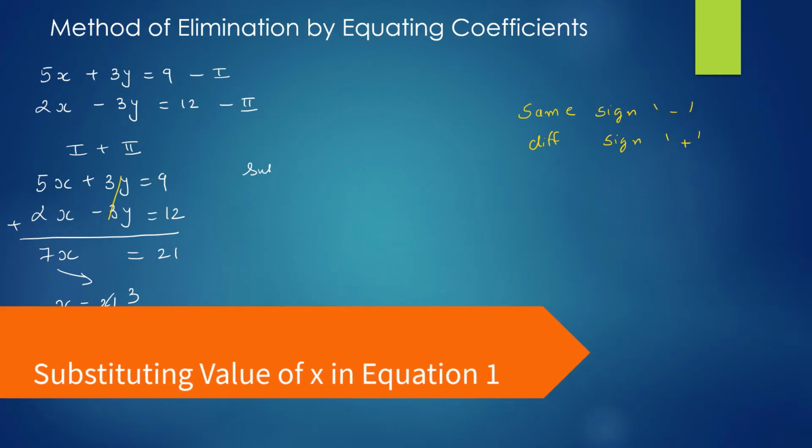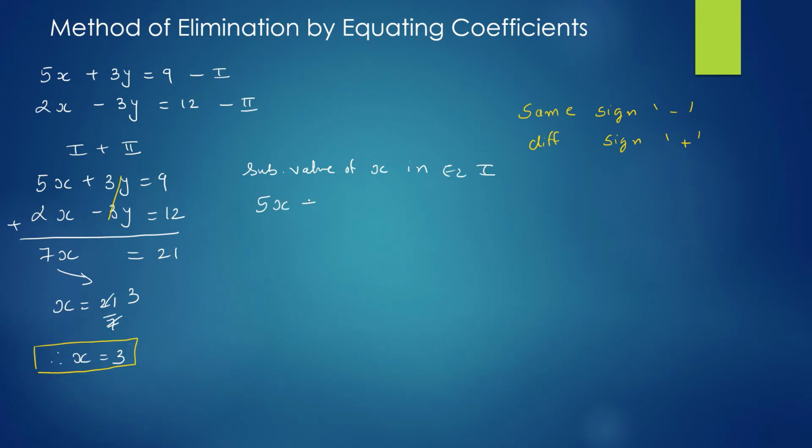So substituting the value of x in equation 1, 5x plus 3y is equal to 9, the value of x is 3, so 5 3s are 15 plus 3y is equal to 9.